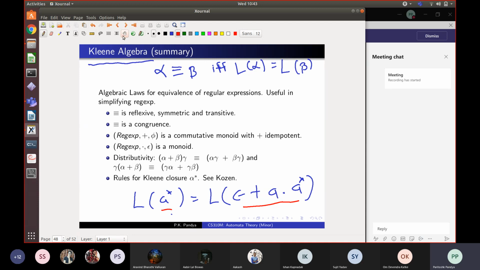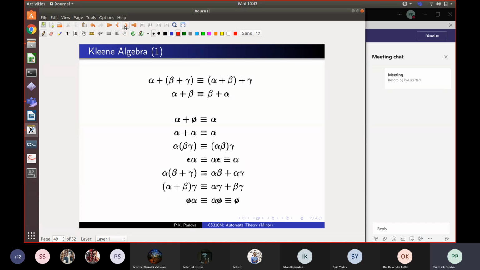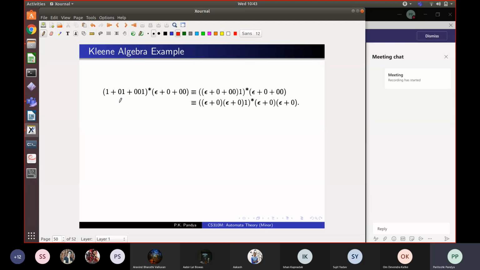Okay, so let me jump ahead and give you one example. So here is one regular expression on the left. And you have got some sort of distributivity, just as in arithmetic.